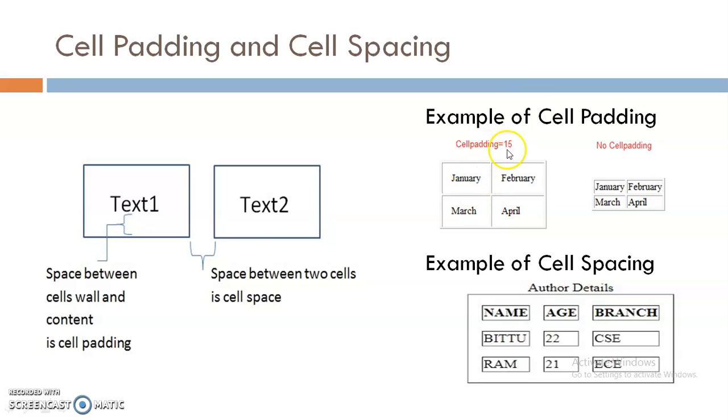Here cellpadding is 15, so the distance between the cell wall and the content of the cell is 15. This is the example of cellspacing. Here the cells are name, age and branch. The space between these two cells is called cellspacing. This space is called cellspacing.